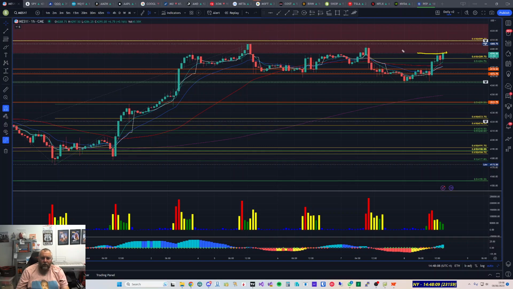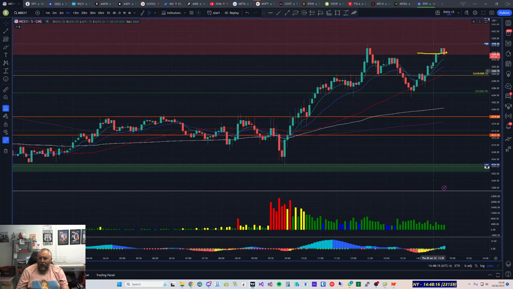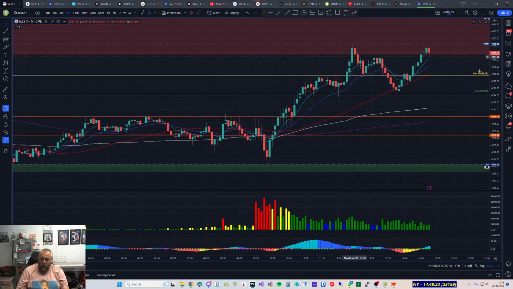Let's go back into the 5-minute. I mainly play the 5-minute chart, so let's close that. So my entry was just on the entrance of this zone, so I got in there, and I was waiting for 4305 and 4300.